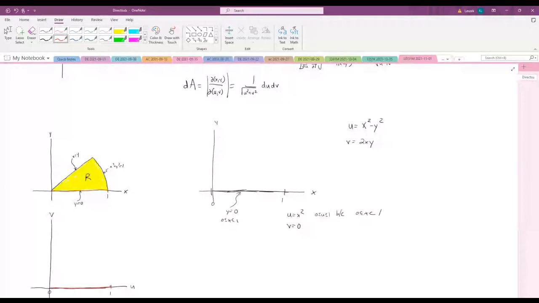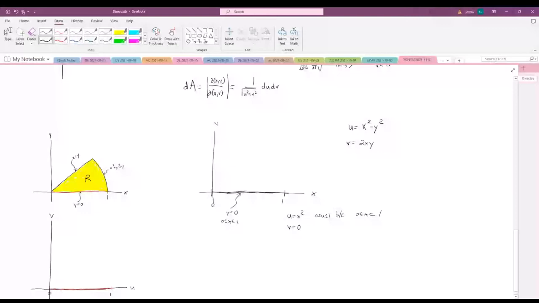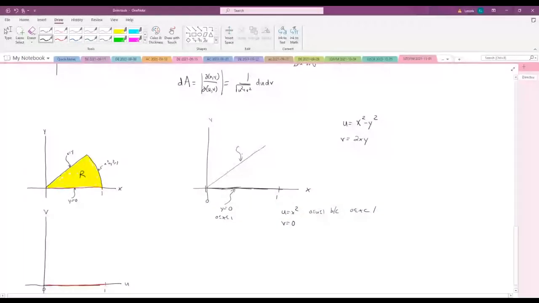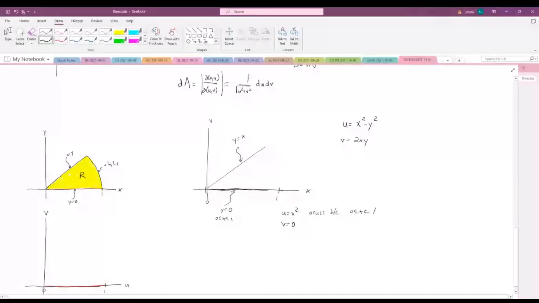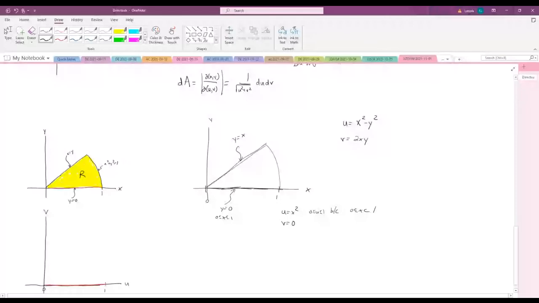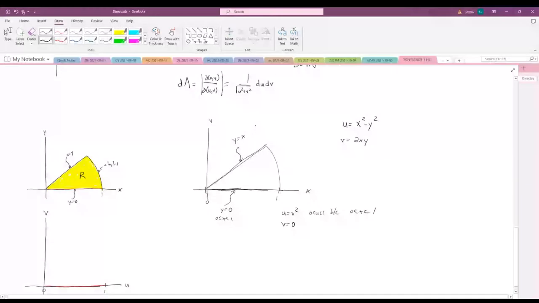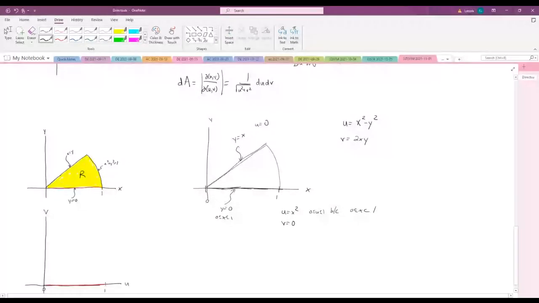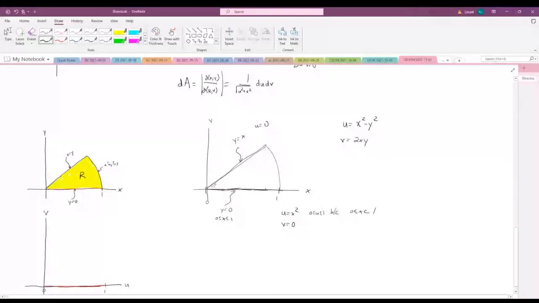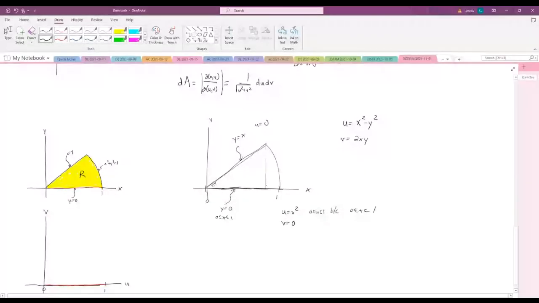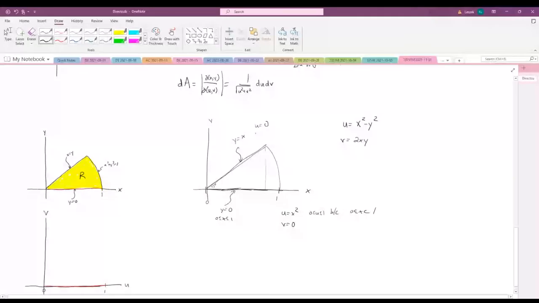Alright, so now let's consider this segment. This is where y equals x. So now, if y equals x, then u would be 0. Now we agree this is 45 degrees. So x would go from 0 to square root of 2 over 2. So would y.